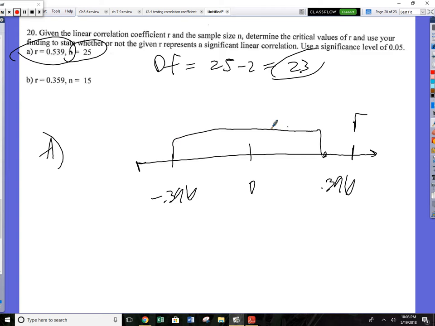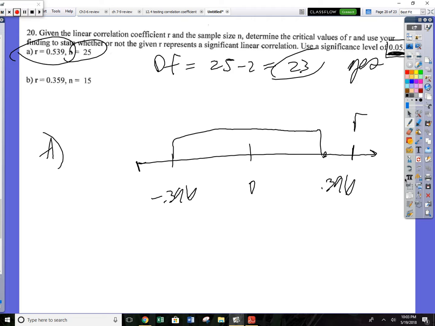If I'm outside of this window, then yes, the answer is yes. And it's always defaulted at a significance level of 5%. That's always the default on these. So the answer is yes, there is a strong correlation between whatever those values were. As long as I lie outside this box, the closer I get to 1, yes, they are strongly correlated.